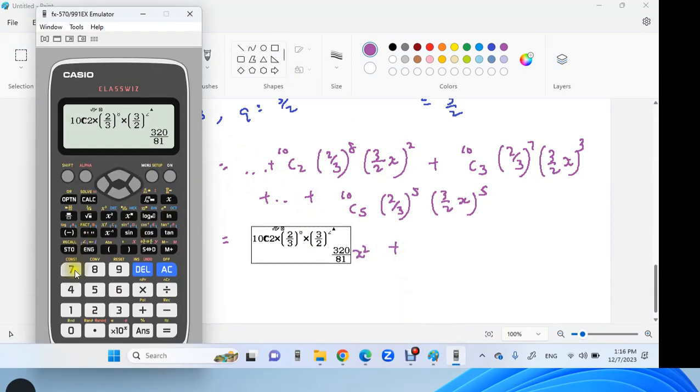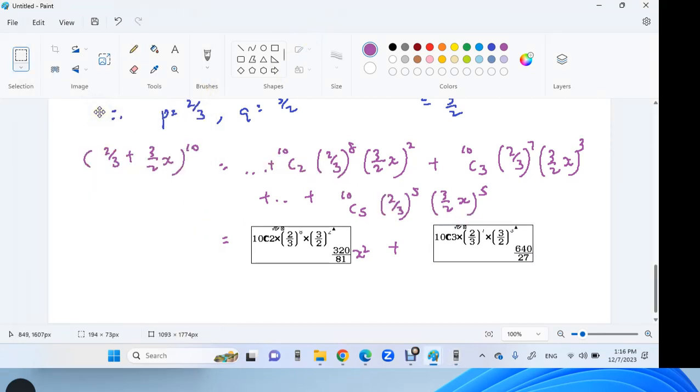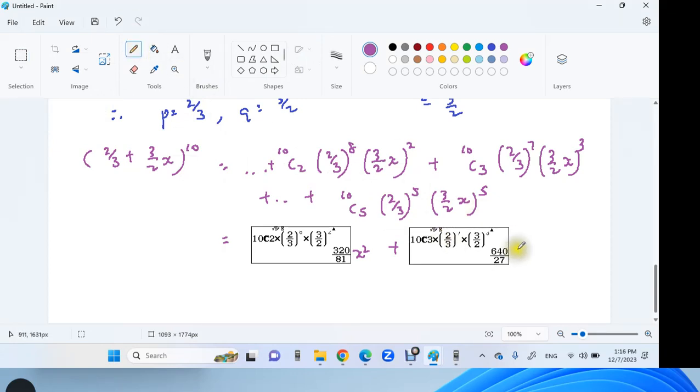Then 10C3, 2 over 3 to the power 7, and 3 over 2 to the power 3, gives 640 over 27 x cubed.